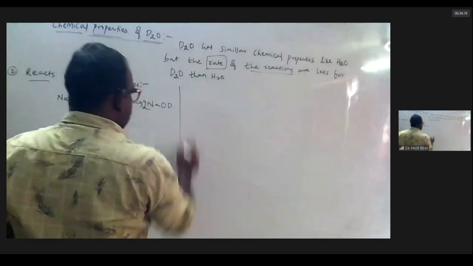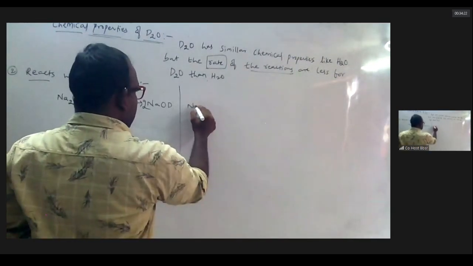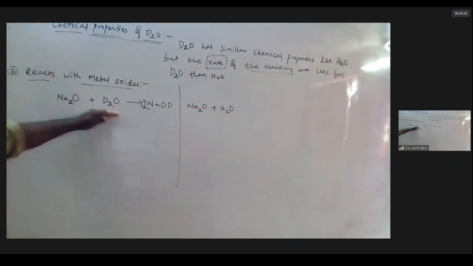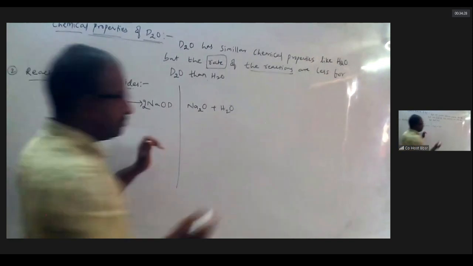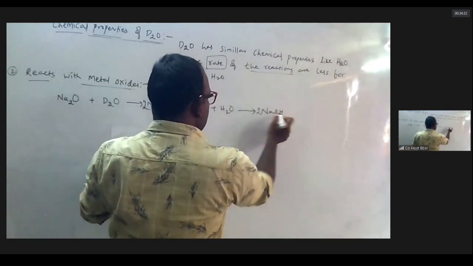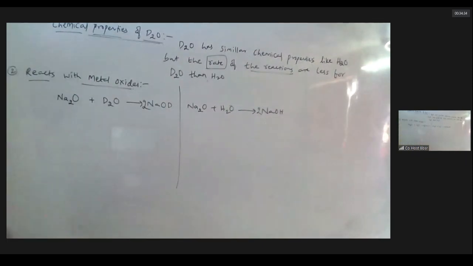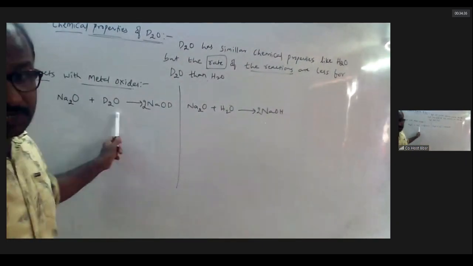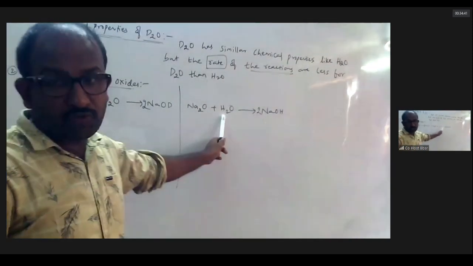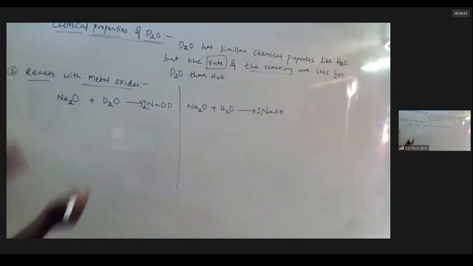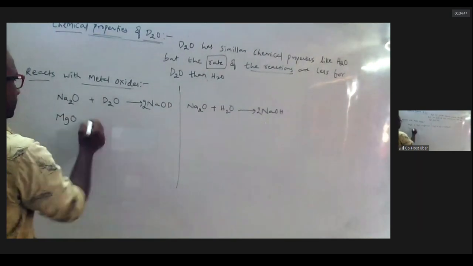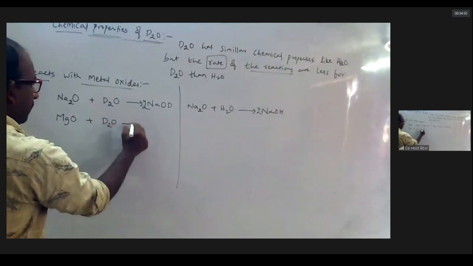So like this, Na2O plus water. Na2O किससे रिएक्ट हो रहा है? D2O, like water. NaOH कितना बन जाएगा? 2 sodium hydroxide बन जाएगा. Na2O is reacting with D2O to get what? 2 NaOD. Na2O is reacting with H2O to get what? 2 NaOH.